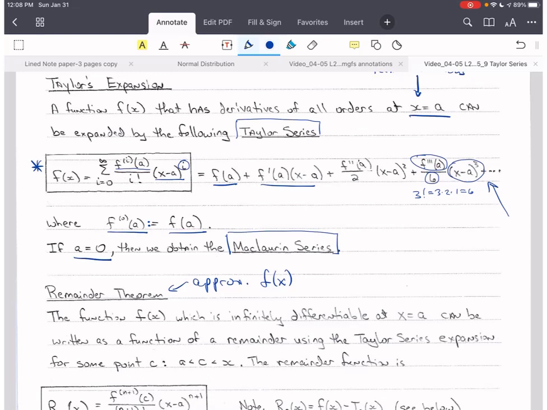But the derivative of 0 is 0. That's allowable. So it meets this all orders of x at a, or x equals a. All orders have a derivative. So even when you get to 0 after a few, if you're using a polynomial, eventually you'll get to a derivative that's 0. However, if you're using a trig function, you will not necessarily get to 0.